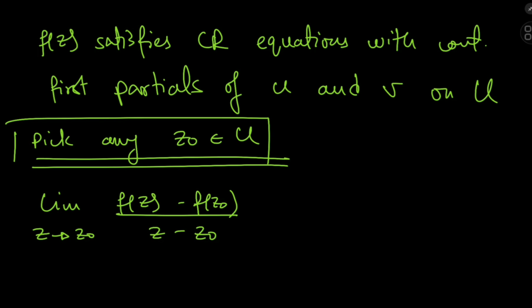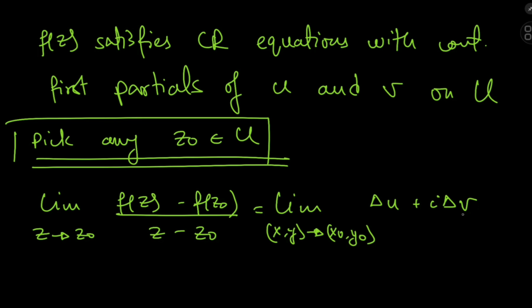So let's expand f in terms of its real and imaginary parts. So I can write this as the limit as (x, y) approaches (x naught, y naught) of del u plus i times del v, divided by del x plus i times del y.